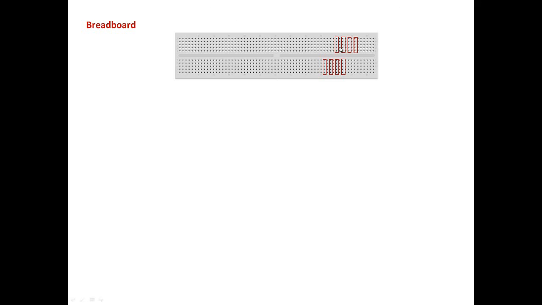So each of those adjacent nodes are separated, isolated from one another. So are the top bank and the bottom bank. Those 5 holes which assemble a node are separated from the bottom 5 holes. This node is isolated from this node. So basically what we have is columns of nodes on the top bank and on the bottom bank.